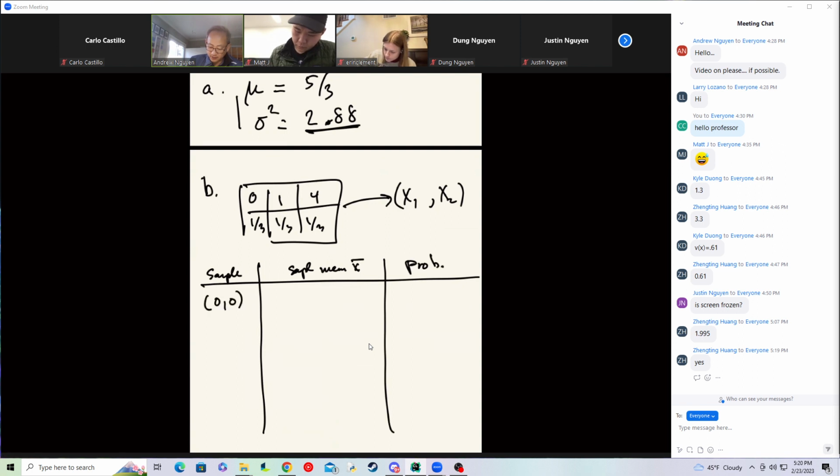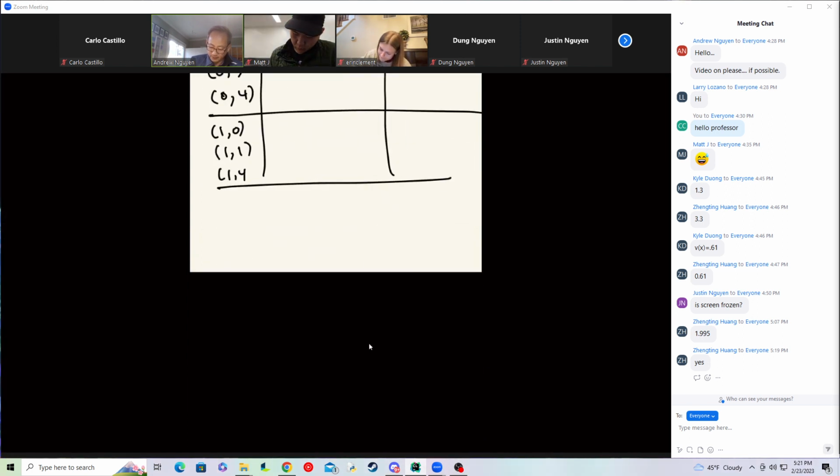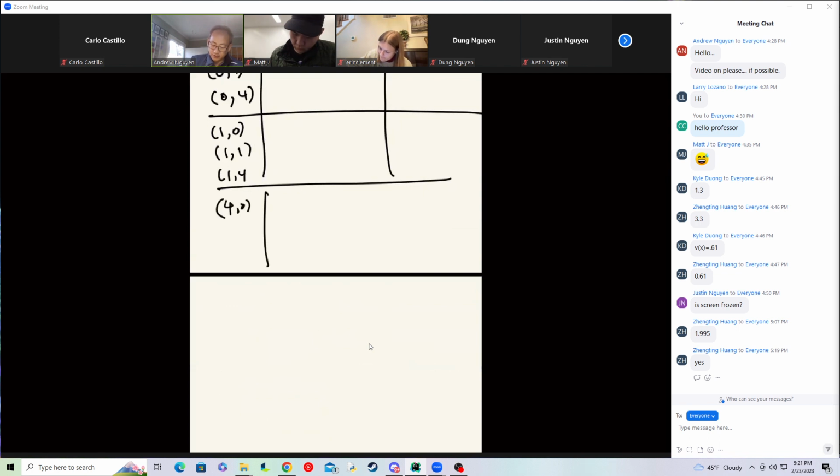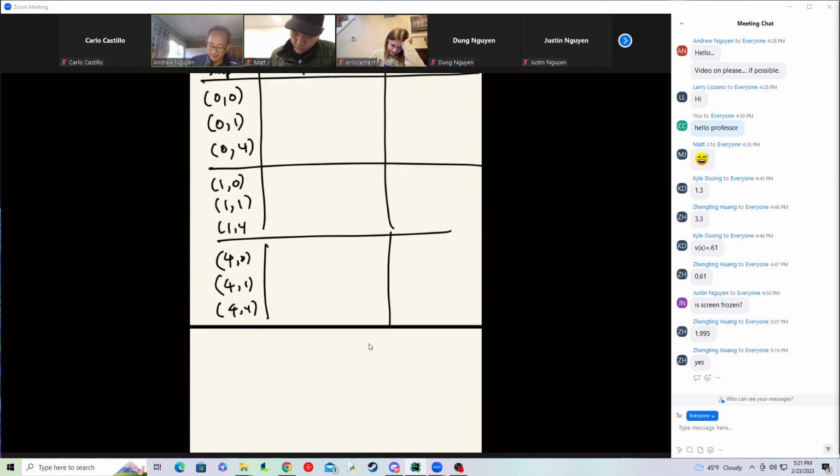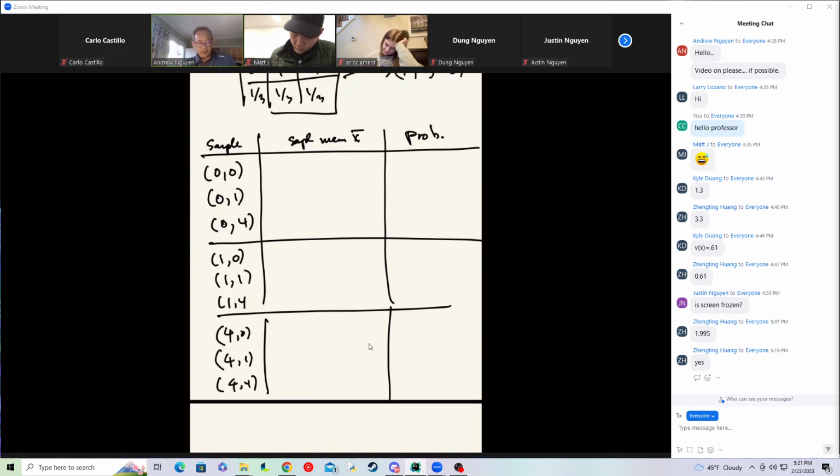So 0,0; 0,1; 0,4; 1,0; 1,1; 1,4; 4,0; 4,1; 4,4. Just like what we did before, I calculate the sample mean and the probabilities, and then I get the simplified table for X bar. That's the sampling distribution of X bar.